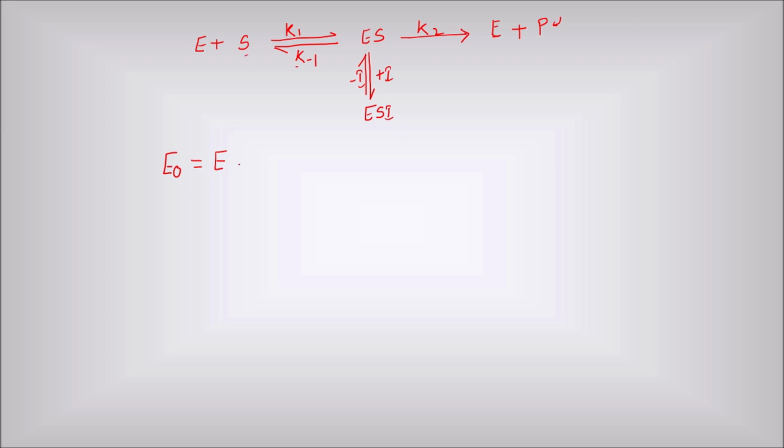So suppose E is the free enzyme which has not bound with any substrate. Some enzyme will be bound with the substrate, and some enzyme substrate complex will be bound with the inhibitor. So how many enzyme species do we have here for the uncompetitive inhibitor? We have in total 1, 2 and 3 enzyme species.